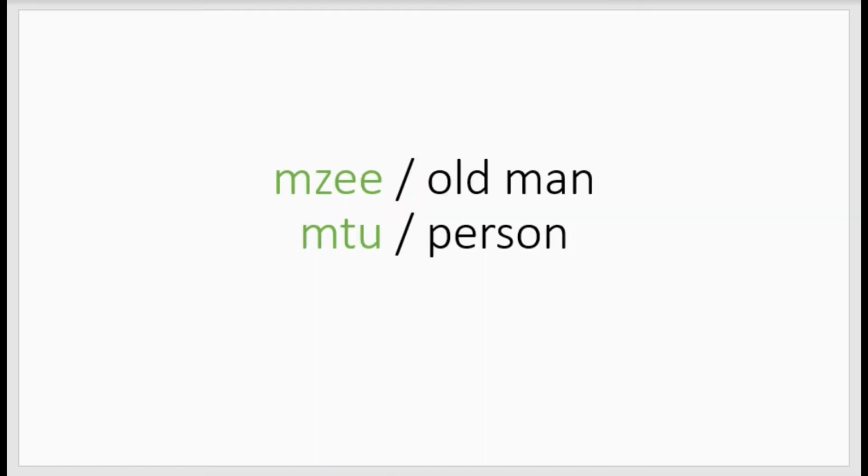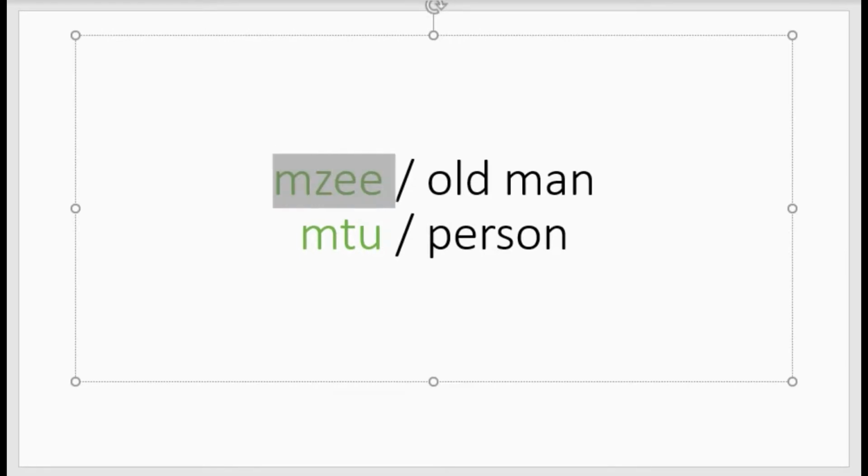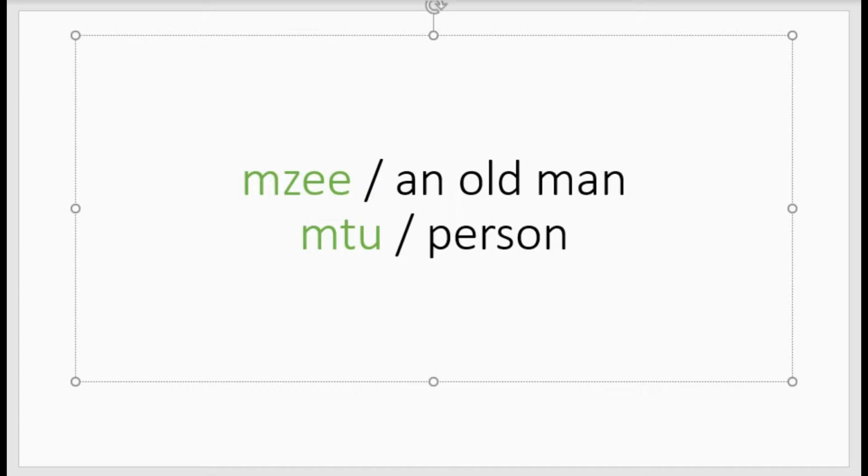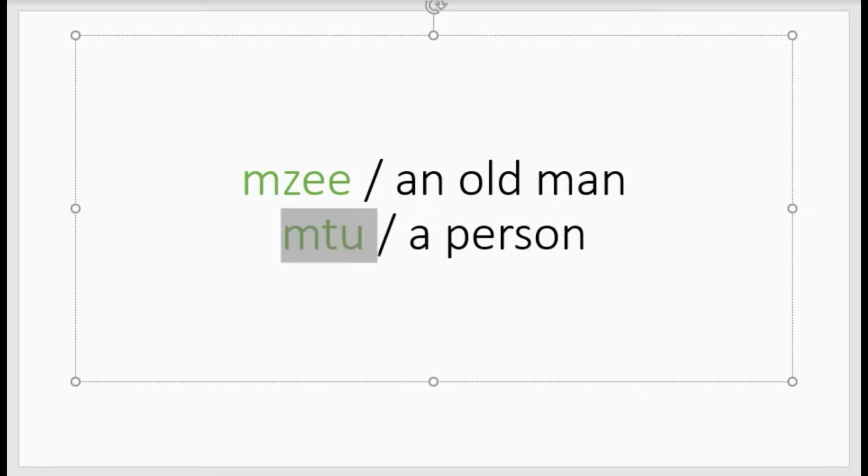Now mzee, for example, an old man. An old man is called mzee. Mzee is a noun. Mtu is a person, also a noun.